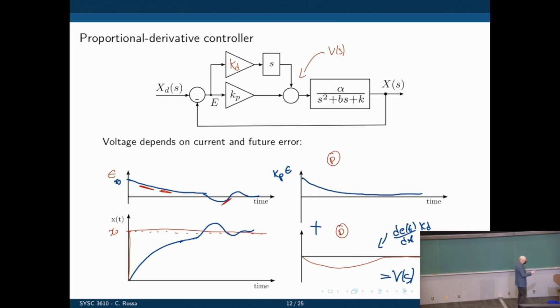So see, if the error is decreasing, the derivative gain is negative, it reduces the amount of voltage applied to the motor in order to slow the system down, to settle at some point. But if the error increases, then it will speed it up to actually take more action to move it towards where we want. And that's why we typically say the derivative gain looks at the future error, because it's actually looking at how fast the error is changing and then taking action accordingly.